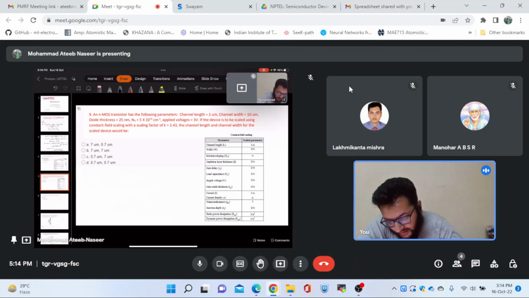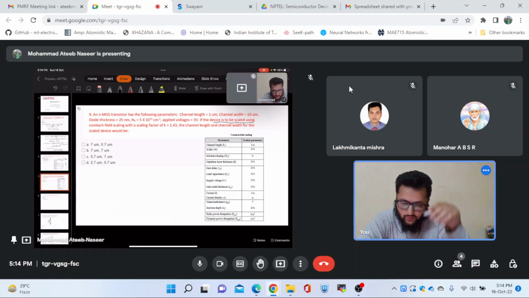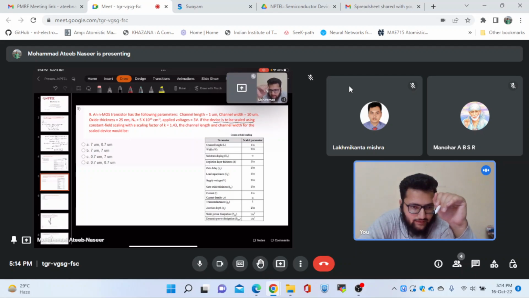There is some condition given that the device is to be scaled with constant field scaling. So it means if I'm scaling the voltage by 1 by alpha, I have to scale the length by 1 by alpha as well, so that the electric field will remain constant. It will not be scaled.